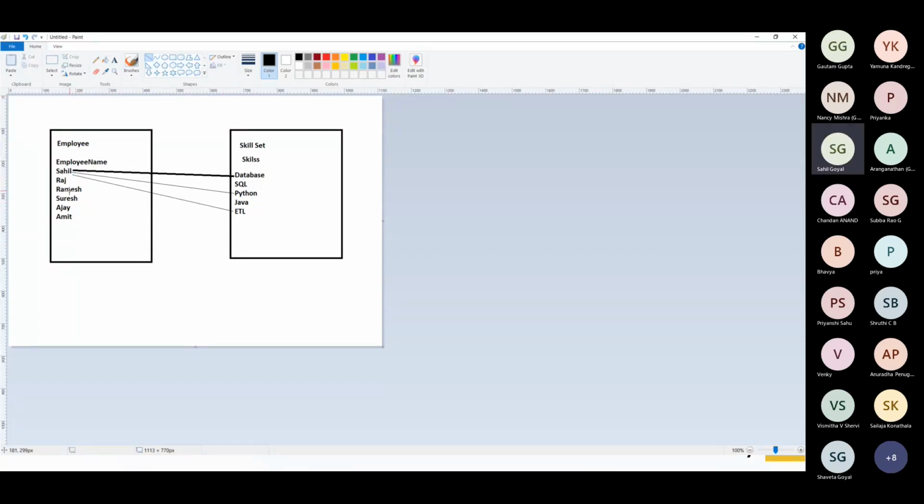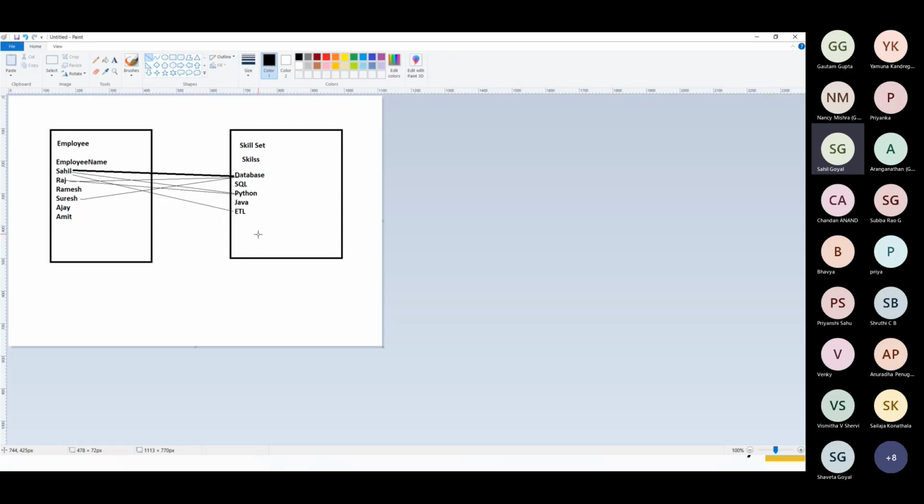Similarly, another employee can also link to multiple skills. So what we have now is the concept of many to many, that many employees can link to many skill sets. So when we come across a scenario where the cardinality is defined as n to n, it follows in this direction.